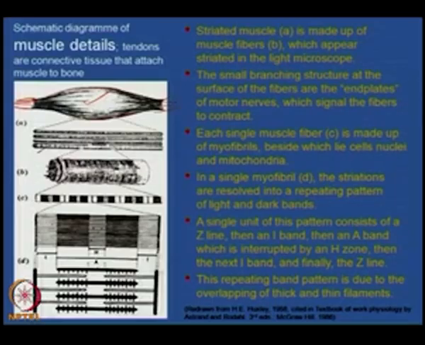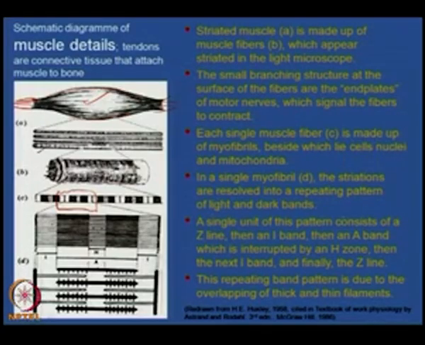the striations are seen. It is specific pattern wise. Now, what are the patterns? Here we can say that this is a small area, if we see here, then this mark is called the Z line. So, between these two Z lines there are some strands.